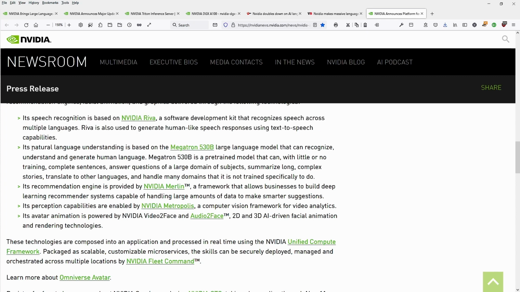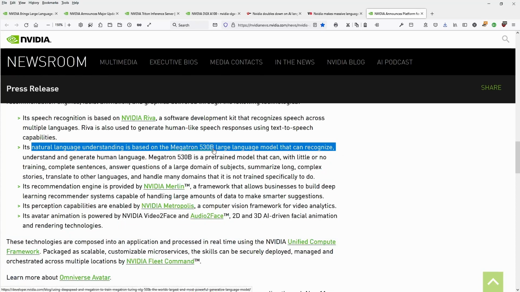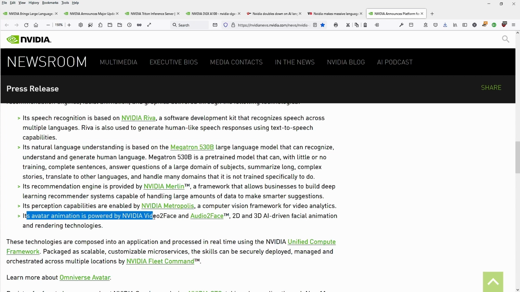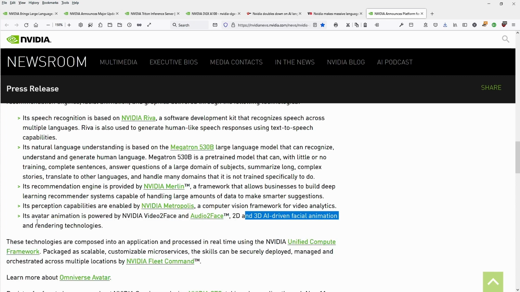And then to start a natural conversation, you have the Megatron 530B, the large language model that recognizes, understands, and generates human language. And then you are not limited to just outputting human language, you also have an avatar technology. And this is powered, as they state here, by NVIDIA Audio2Face, a two-dimensional and three-dimensional AI-driven facial animation and rendering technology.